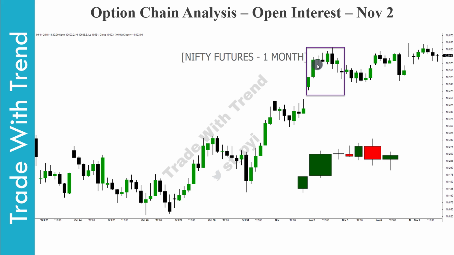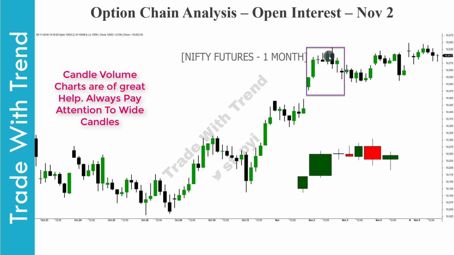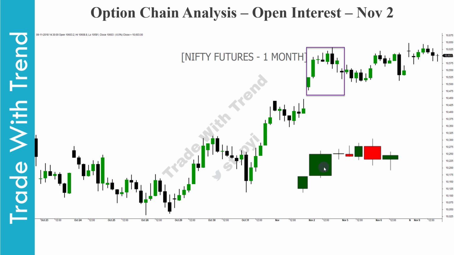If you look at the price analysis for November 2nd, price has moved higher with a gap and then consolidated at the top end of the range. Again, the structure of higher high and higher low is still valid, and the trend of price is clearly on the upside. If you look at the candle volume chart, strong demand candles are easily visible and relatively there is no strong supply candle.